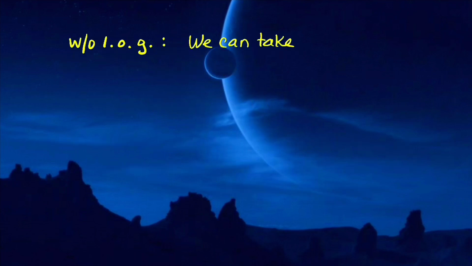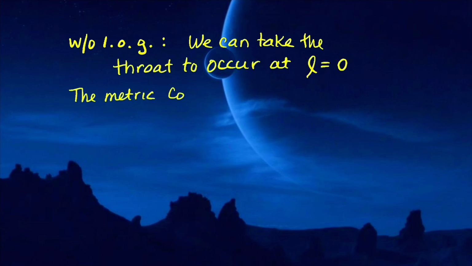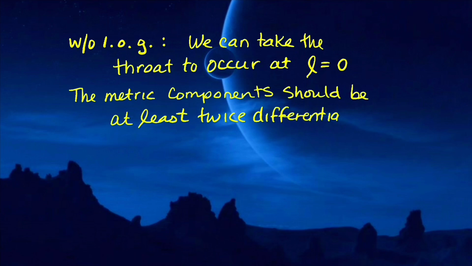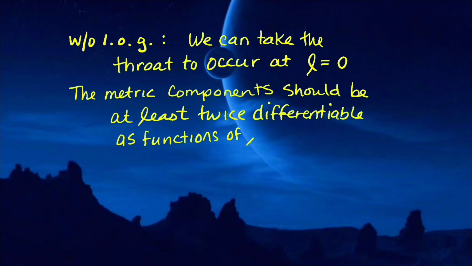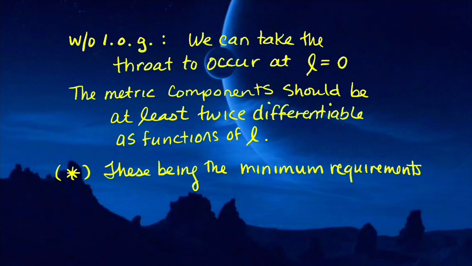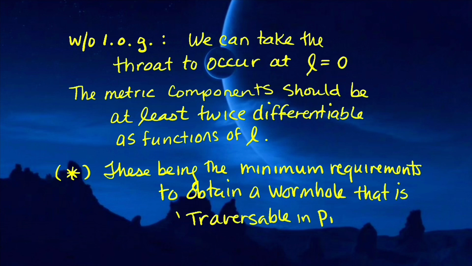And of course, without loss of generality, we can take the throat to occur at L equals 0. The metric components should be at least twice differentiable as functions of L. And these would be the minimum requirements to obtain a wormhole that is, in theory, traversable.